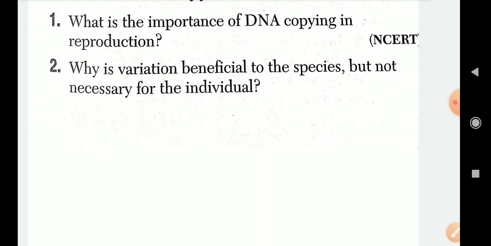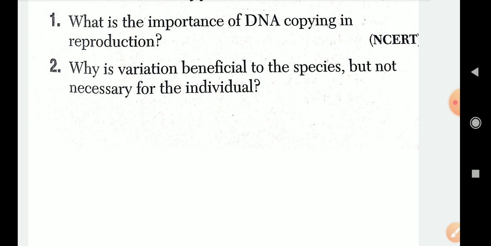Suppose in a species, some group members have a variation that gives the species a chance to survive in a changing environment. If everything is going well, that variation may be harmful also, and that individual may die or may survive, 50-50% chances.